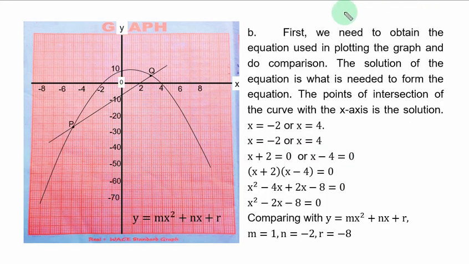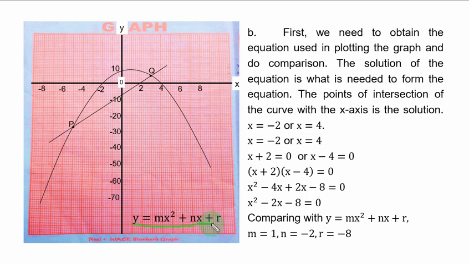B part of the question, you are asked to find the value of m, n, and arrow. This is the given equation. So you have to find m, n, and arrow. So first, we need to obtain the equation used in plotting the graph and do comparison.